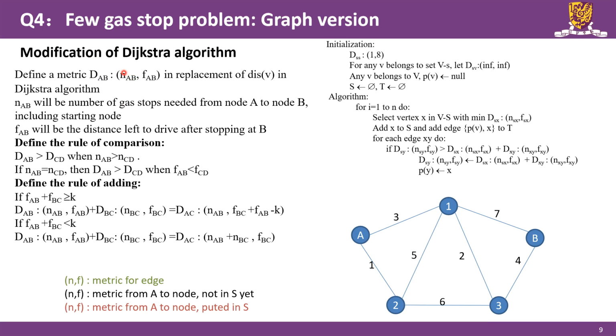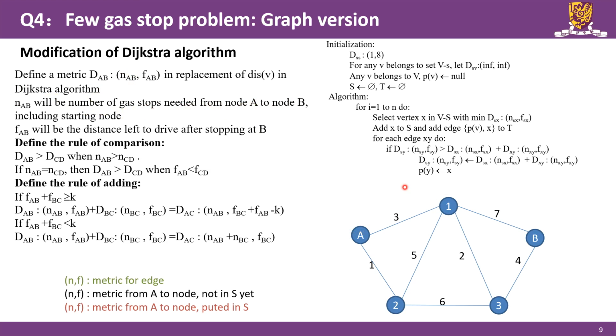It will include two parts for comparison. The first part is N_AB, which will be the number of gas stops needed from A to B, and it will include the starting node.